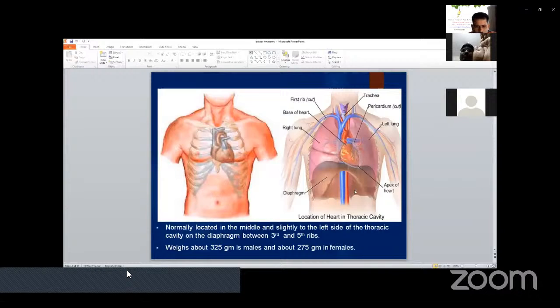So here you can see, as I have told you, by making your left hand fist, you can judge the size of your heart approximately.